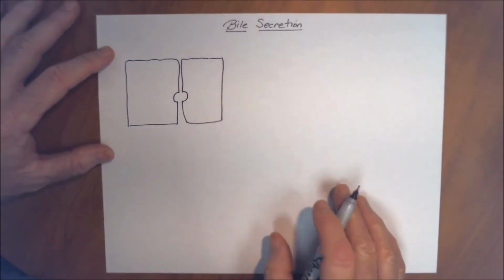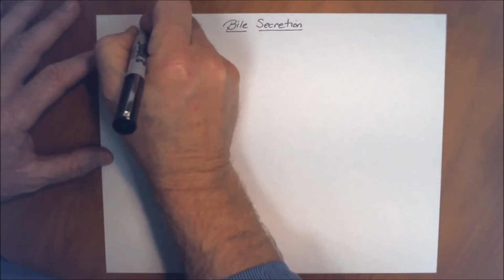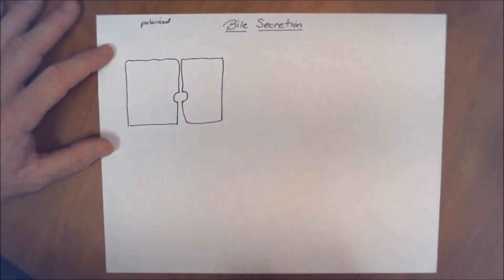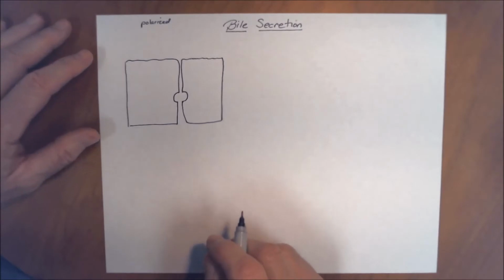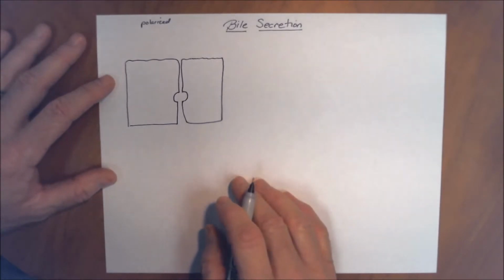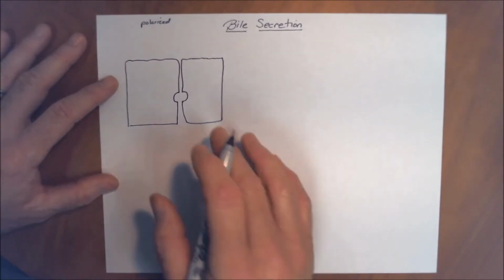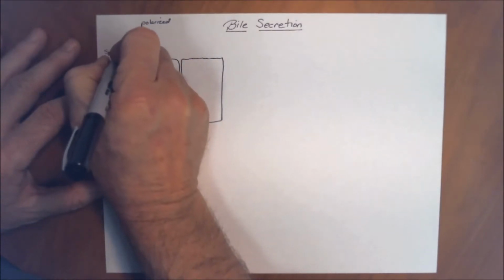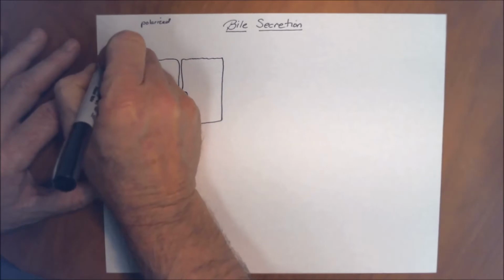Now the hepatocyte is a polarized epithelial cell. Polarized. So what does that mean? Polarized in the same manner that we saw the acinar cells in glandular secretions. So that means that the apical surface here is going to be facing the portal circulation.